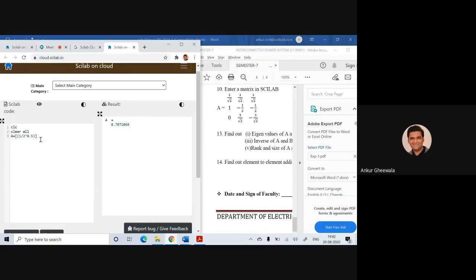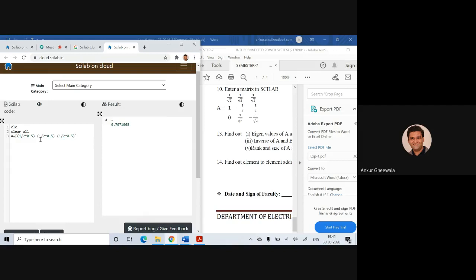So now I want to find out another component. 1 by root 2, 1 by root 2, both are the same. So what will I do? Now Control C, and after spacing I can also enter another component A12. Then by entering a space, I can enter another value.